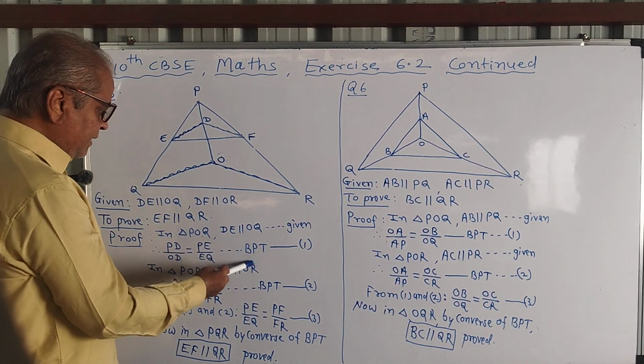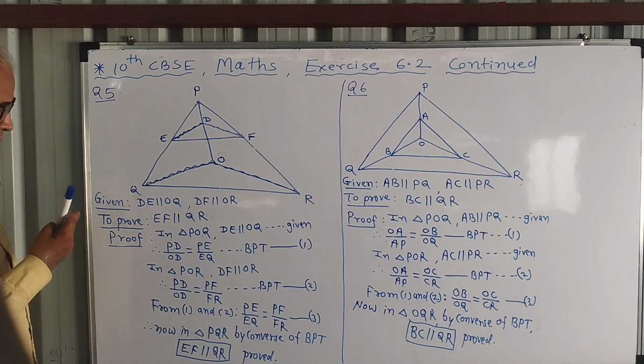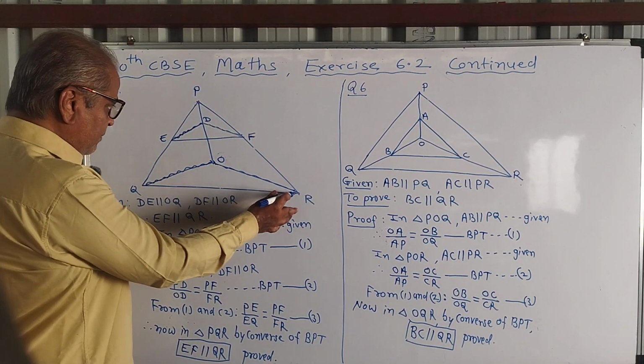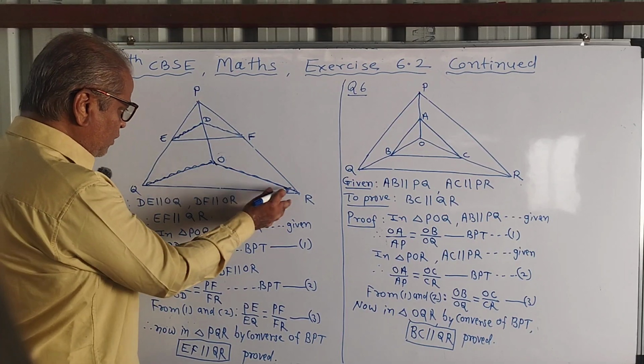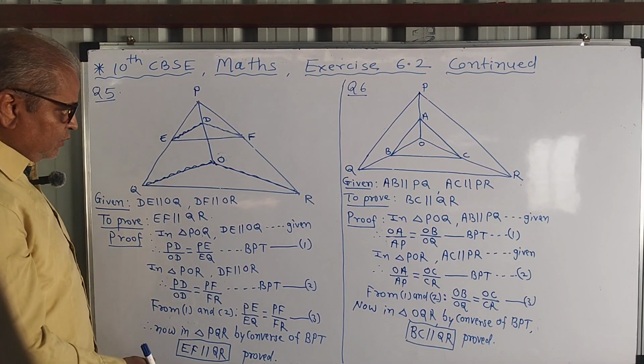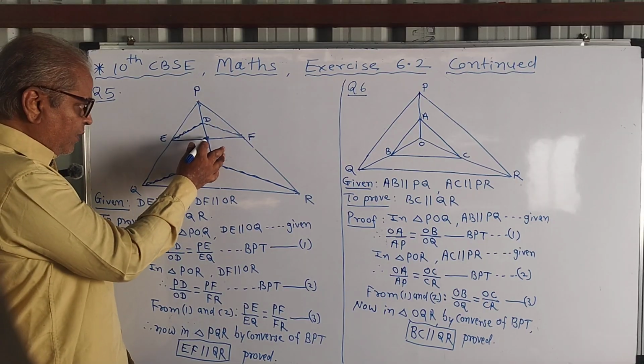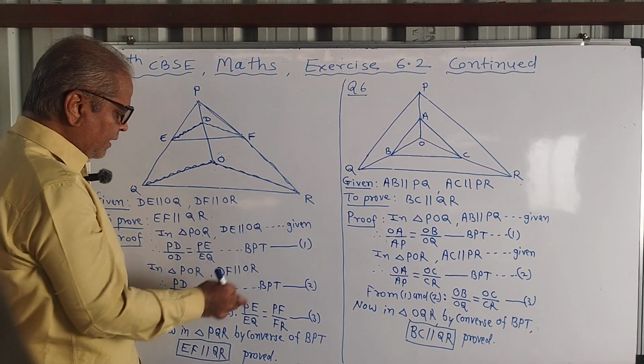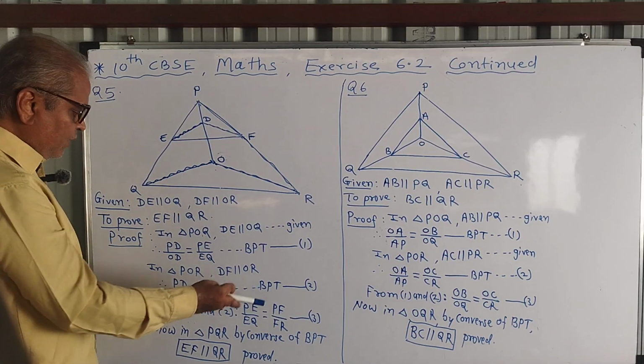Statement number 1, and the reason BPT is very necessary to write. And in triangle POR, DF is parallel to OR. Now again I can use BPT. PD upon DO is equal to PF upon FR. So statement number 2, BPT.